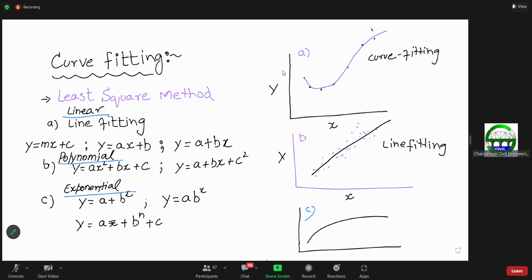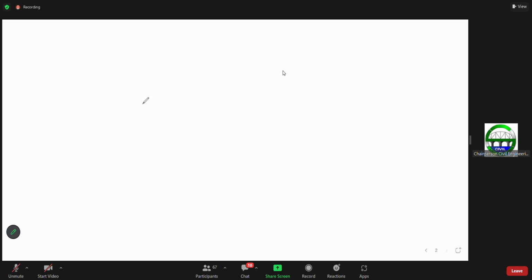Okay, so again, in civil engineering, what is the use of curve fitting? Sometimes we have data sets. For example, we have a data set of, let's say, time versus discharge, right? Let's say time is in seconds, discharge is meter cube per second, right?